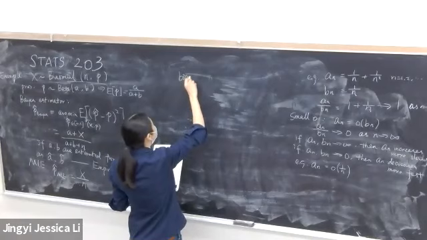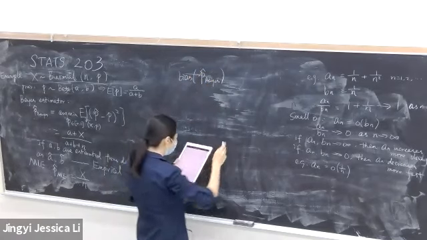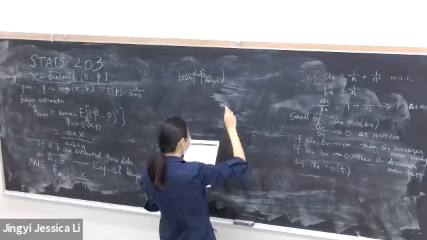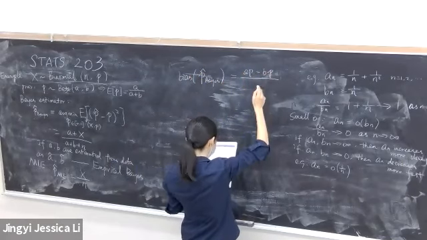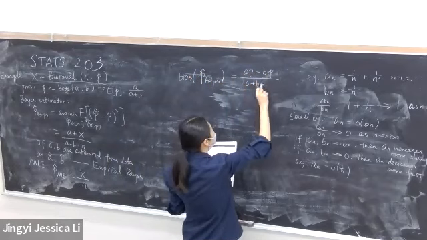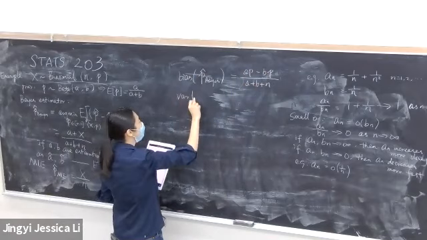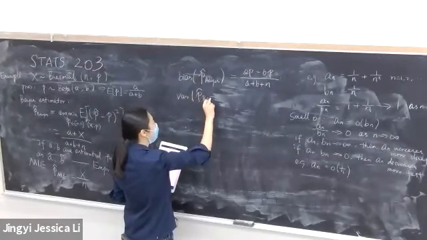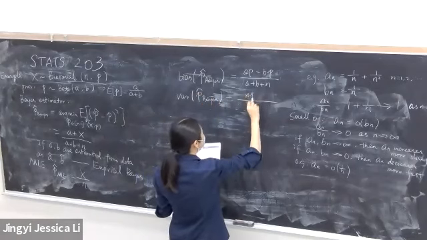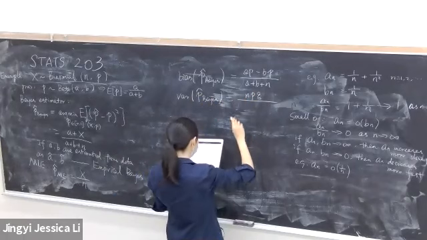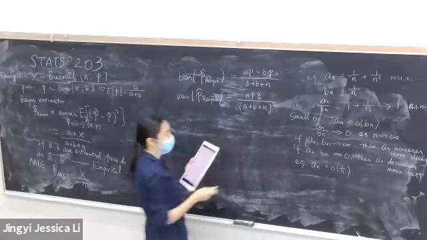So the bias of this P hat Bayes, I'll give you the formula directly, is just (AP minus BP) over (A plus B plus N). And let's look at its variance. It's N times P times Q over (A plus B plus N) squared.